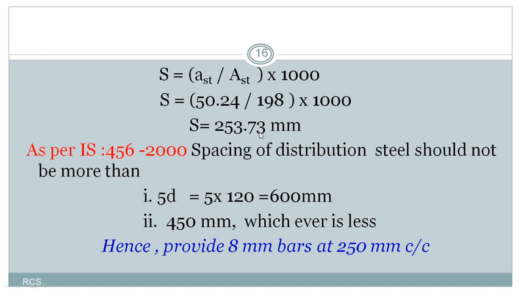From these three values, we have to take the minimum as our spacing for the distribution reinforcement. This value is 253.73 mm, but rounding it off, the spacing is 250. Hence, provide 8 mm bars at 250 mm center to center.